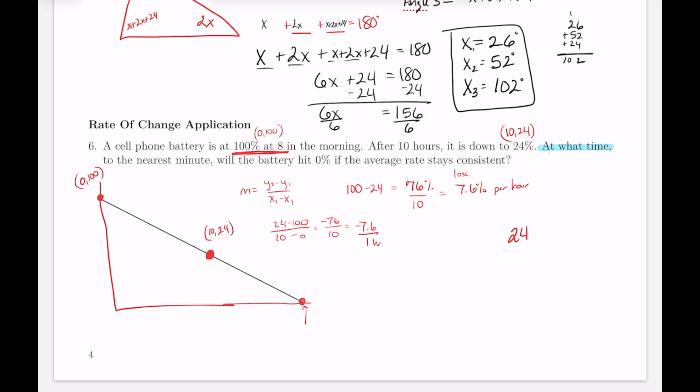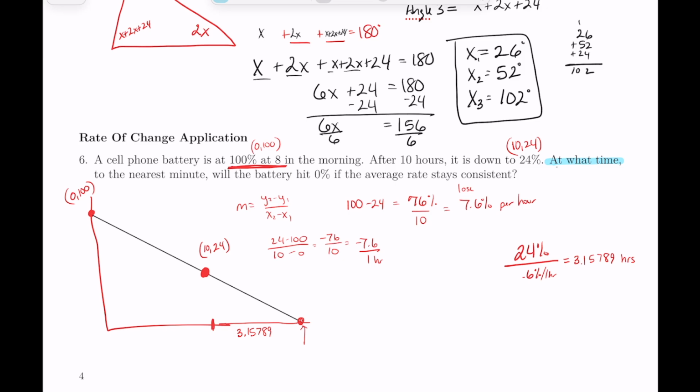If I take 24% remaining and divide this by 7.6 percentage points per hour, and put that in the calculator, I get 3.15789 hours after the 10 hours. So from here to here is 3.15789 hours.